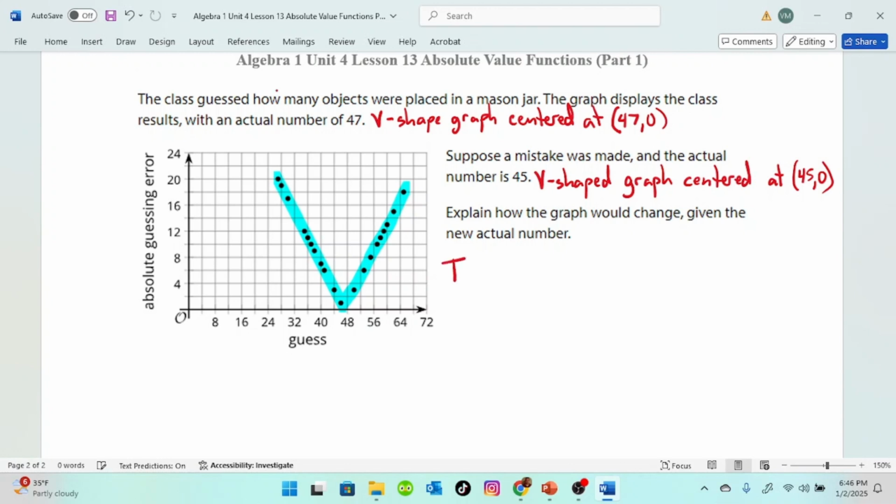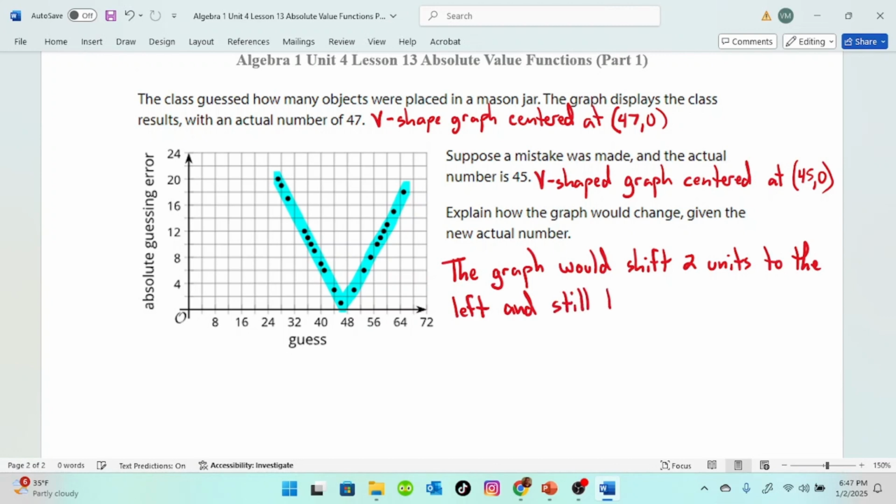So the graph would shift 2 units to the left and still be a V-shape graph.